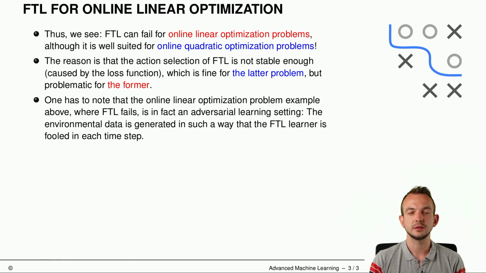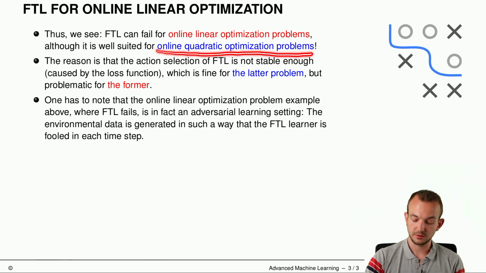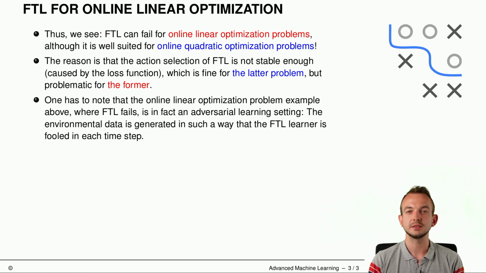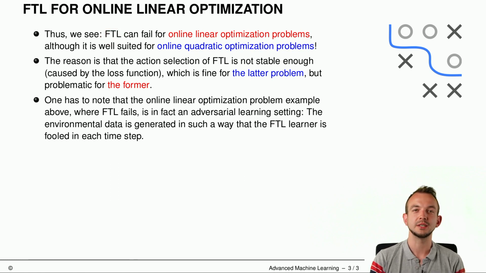And the reason for that is the quadratic loss function, which is underlying online quadratic optimization problems, is essentially beneficial for the follow the leader algorithm, as the action rule is quite stable. So it's not jumping from one extreme to the other.